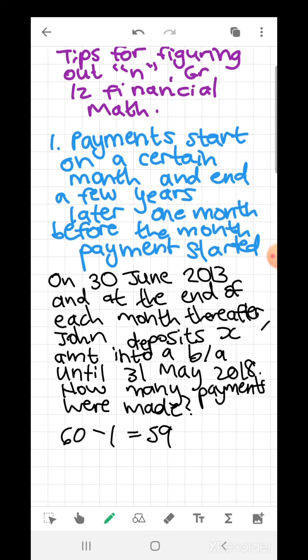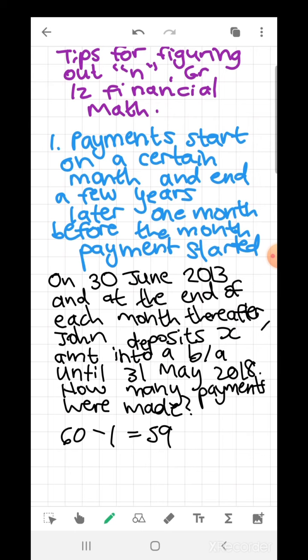And the reason it's wrong is because you're not realizing that you are counting the 30th of June 2013 as 1 month. I want you to count on your fingers with me. January, February, March, April, May, June, July, August, September, October, November, December. That gave you 12 months, right? From January to December gave you 12 months. Now let's do that again.